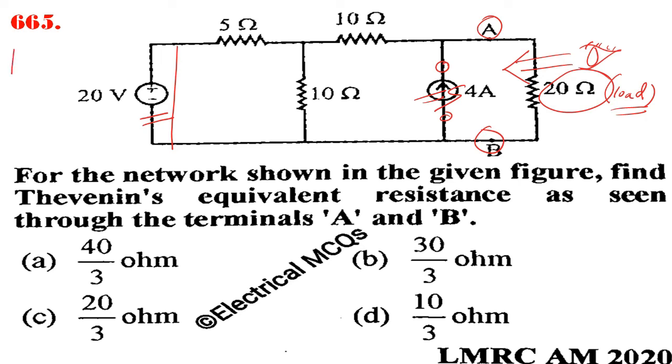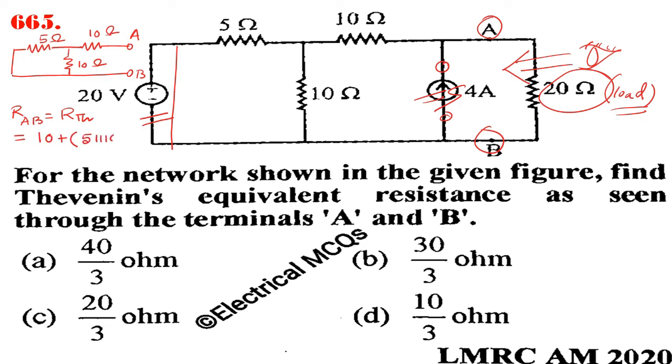So how will the circuit look like? After removal of all the sources by their internal resistances, the circuit will be looking like this. This is 5 ohm, this is 10 ohm, and this is 10 ohm. So the resistance between A and B, that is our RTH or the Thevenin equivalent resistance, will be given by 10 plus 5 in parallel with 10.